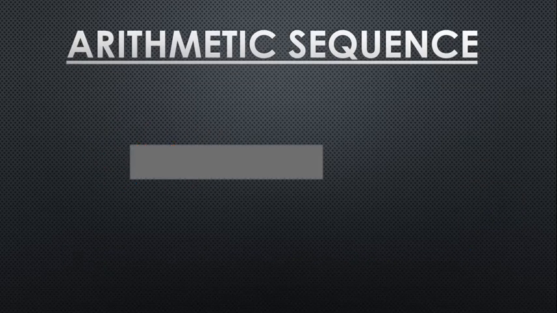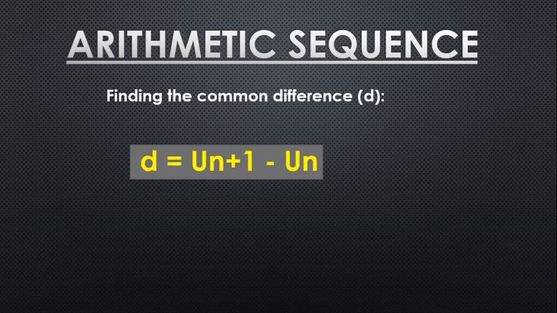I promised you that you will be guessing the way we are jumping between the terms. In order to do so, you have to calculate the common difference. How can we find the common difference? Okay, let's have this example. Don't panic.